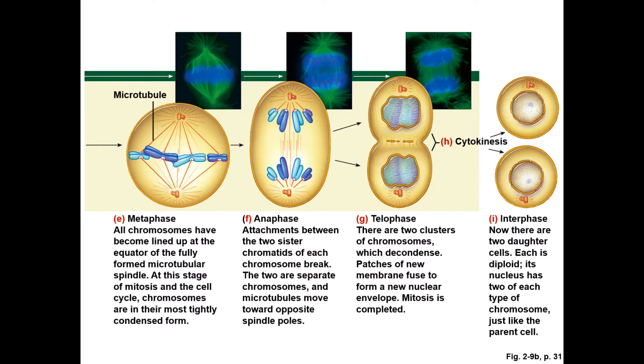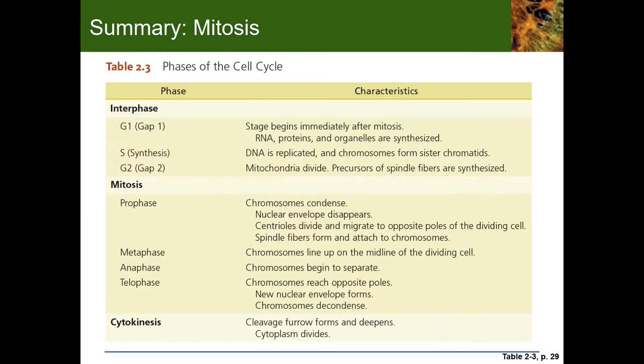G, telophase. There are two clusters of chromosomes which decondense. Patches of new membrane fuse to form a new nuclear envelope. Mitosis is then completed. And then step I, interphase. Now there are two daughter cells, each is diploid. Its nucleus has two of each type of chromosome, just like the parent cell.